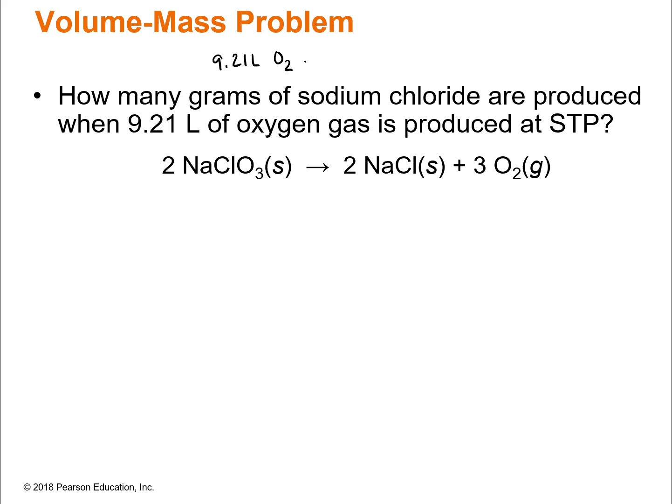We're still starting with the same volume of oxygen gas, but we're trying to figure out how many grams of sodium chloride we make in addition to that gas. So the oxygen gas is the A, and sodium chloride is the B. Use that generic formula, fill in your plan, then write out your equation and give it a shot.